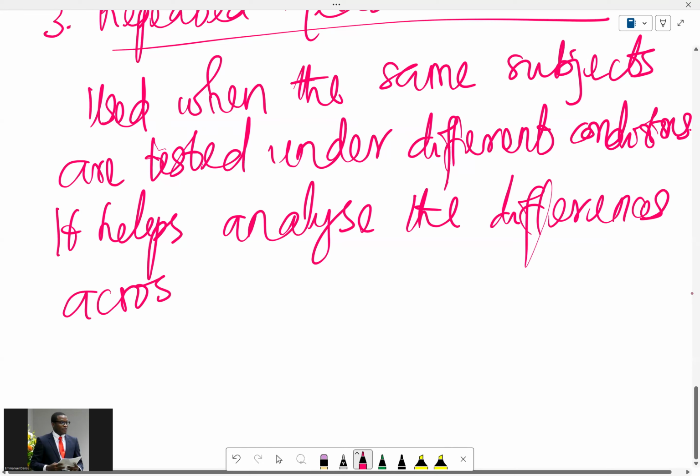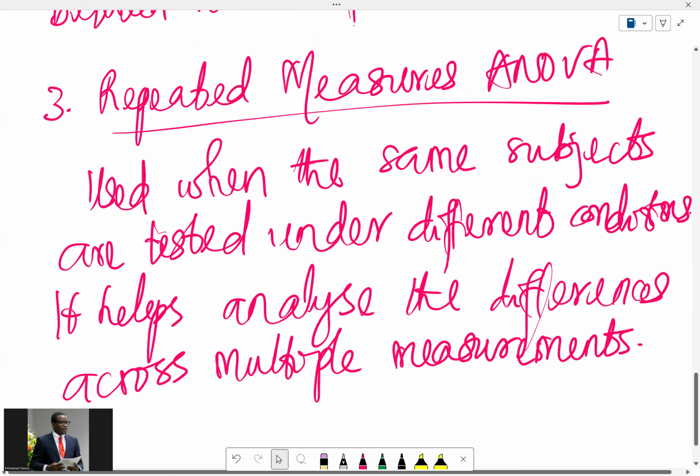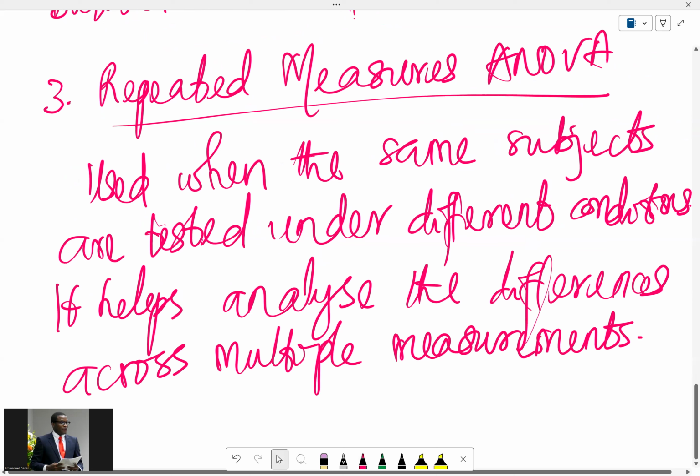Here you have the same group and you're taking their data at different points, maybe at three or more points, and then you can do a test on that. So that's why it is called repeated measures. So maybe you have a group of students and you want to see their performance.